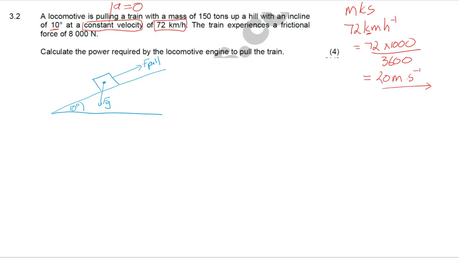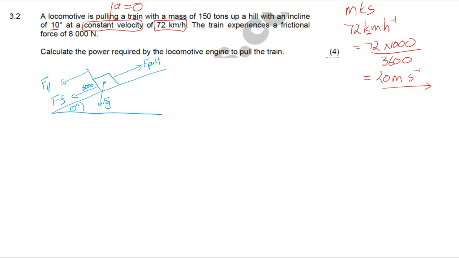But there are two forces working against it. Friction, the force due to friction, and that has a value of 8,000 newton. But we also have another force, which is the parallel component, F parallel.